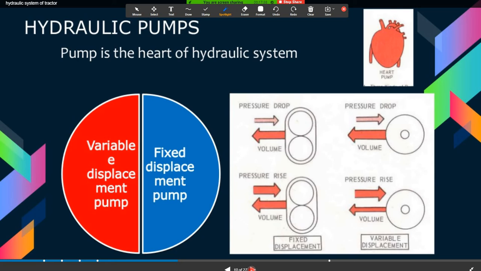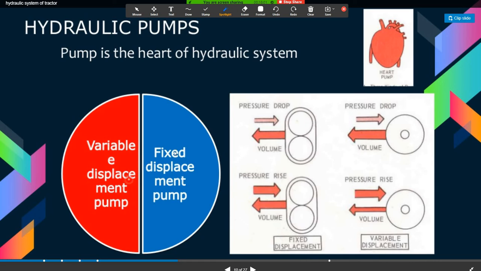Therefore, in the field of hydraulics, positive displacement pumps are used, and positive displacement pumps can be categorized into reciprocating pumps, and then rotary pumps.